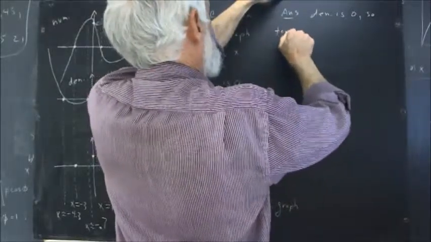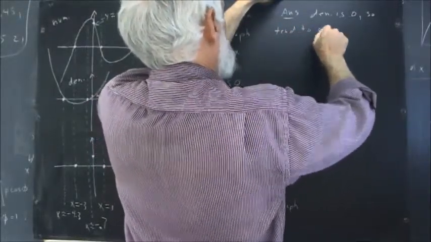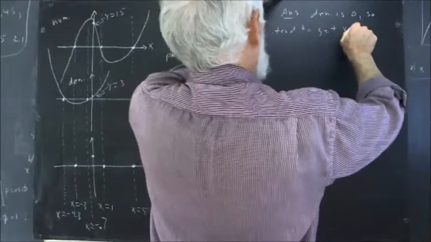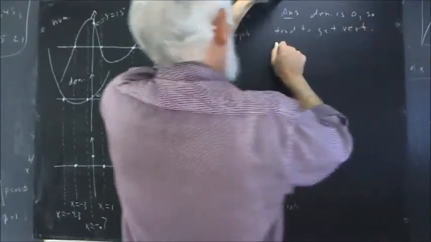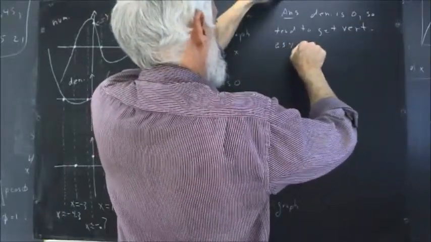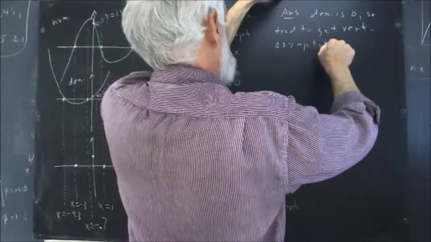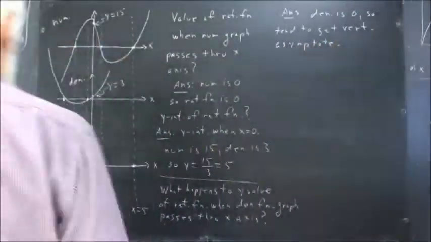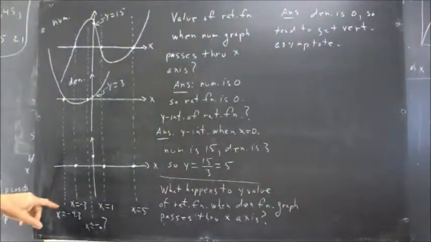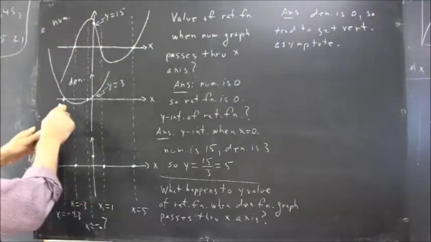So we tend to get a vertical asymptote, meaning that this line and this line will be vertical asymptotes.